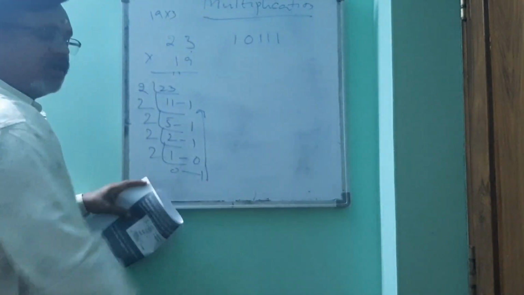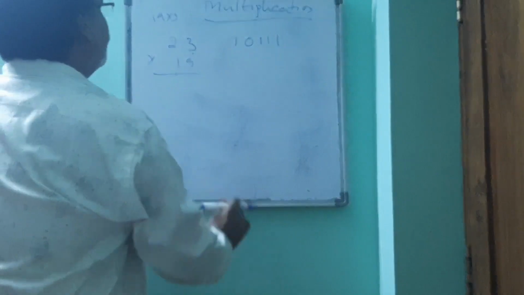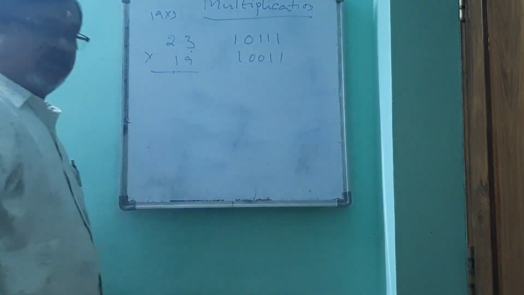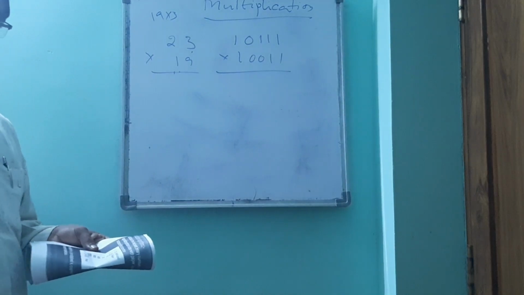This is the way you convert a decimal number to binary. In the same way, the binary equivalent of 19 is 10011.